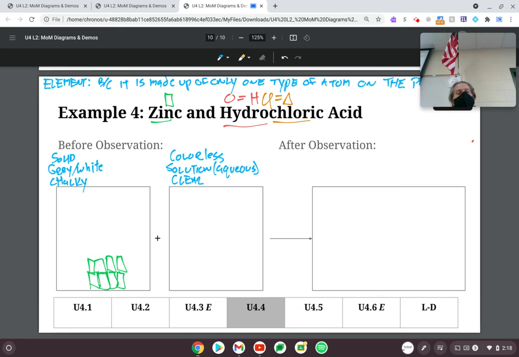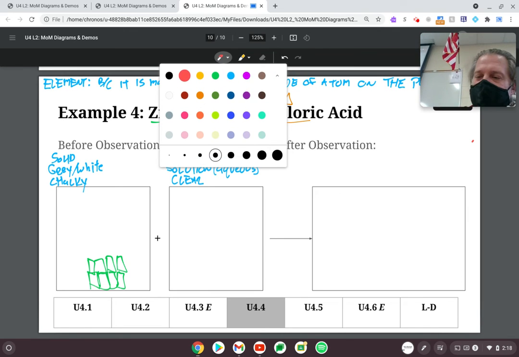Okay. Now again, I'm telling you this is a solution. So when I draw this, I'm going to take the circle and the triangle, and I'm going to draw them, for lack of a better term, bonded together or connected. So that would look something like this.